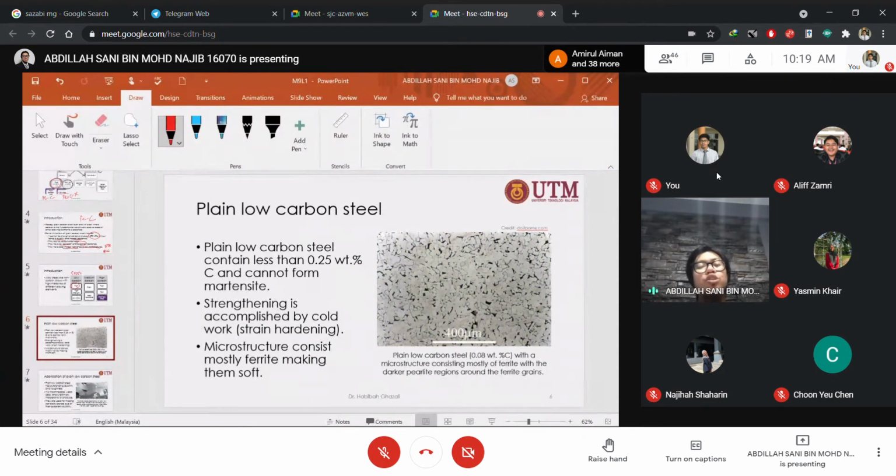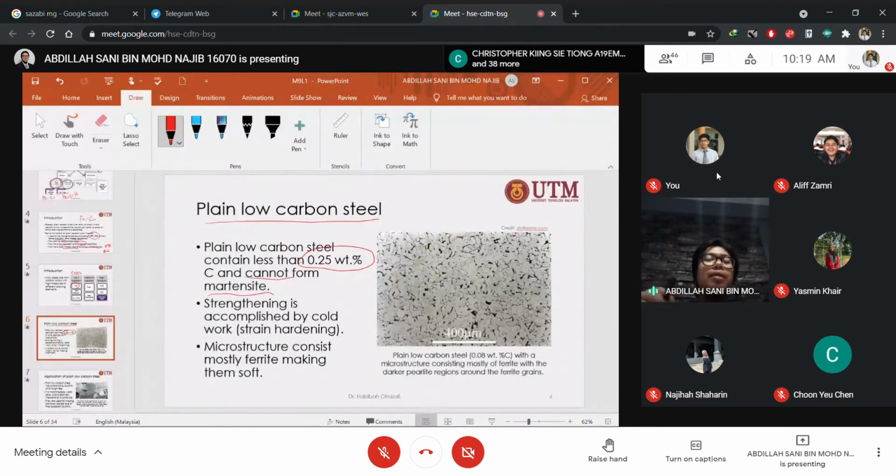So for plain low carbon steel, key point number 1 is the amount of carbon. Key point number 2, it cannot form martensite. And of course, if we cannot form martensite, we don't have any alloying element to create precipitates.